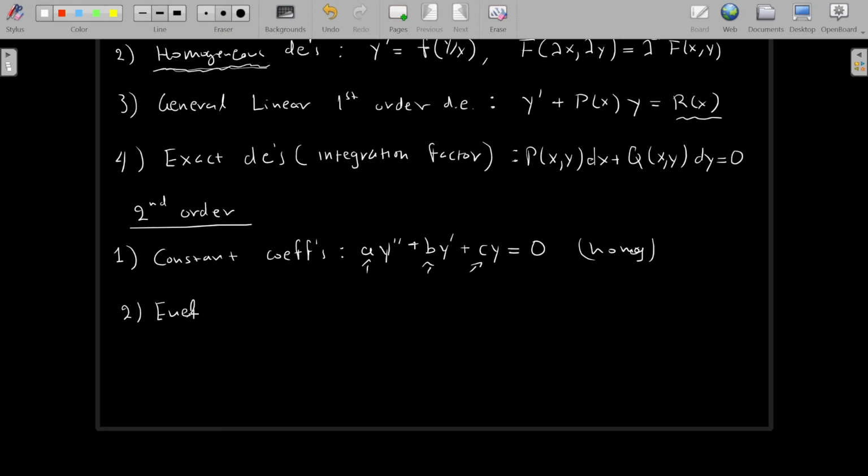Secondly, we will examine the Euler differential equation.